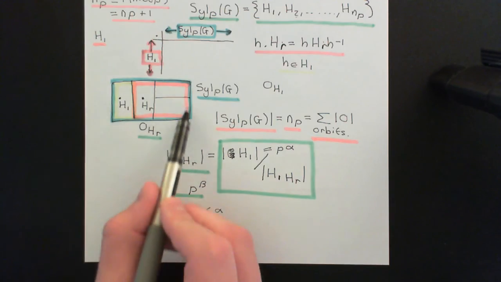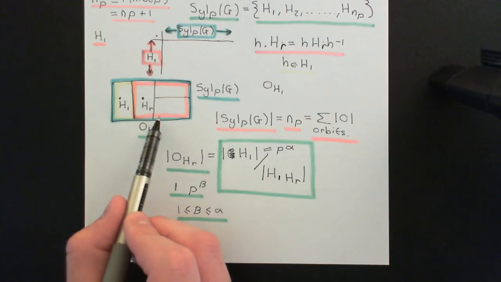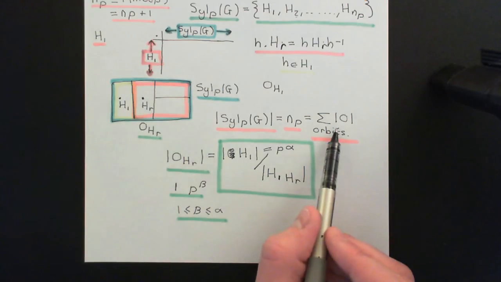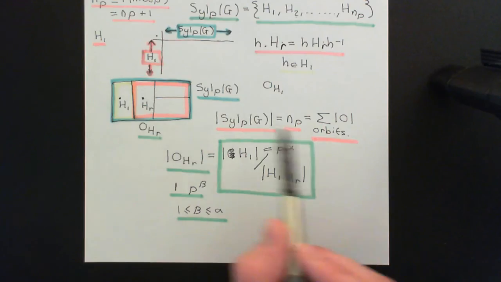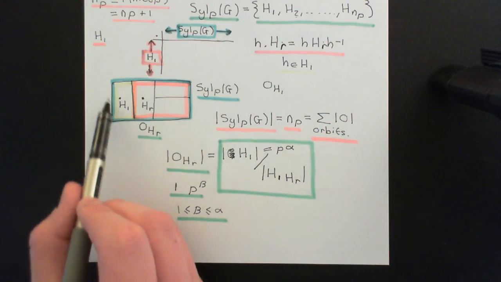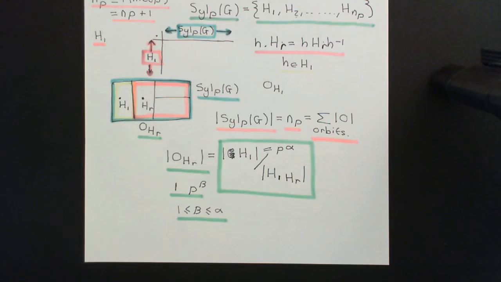So when I add all their orders together, I will end up with a multiple of p. So in this equation, I will add up all of these orbits' orders to get a multiple of p, plus this final one, which will be 1, and that will then tell me that the number of Sylow p subgroups in G will be equal to some multiple of p plus 1, i.e. it will be congruent to 1 modulo p.